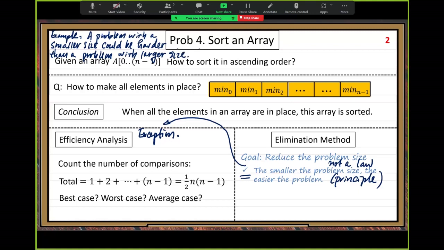So this is an exception of that principle.